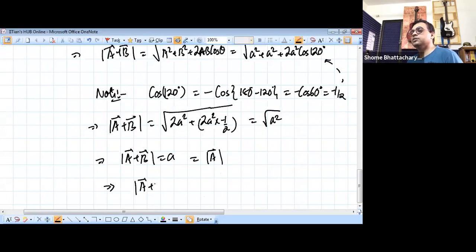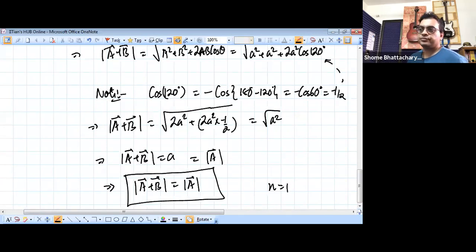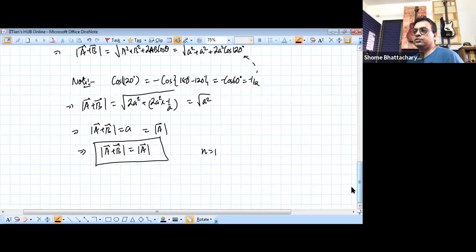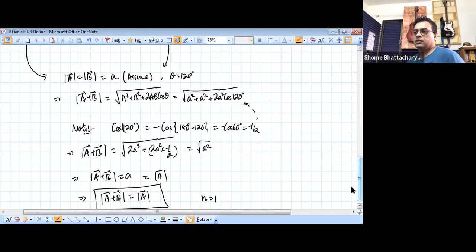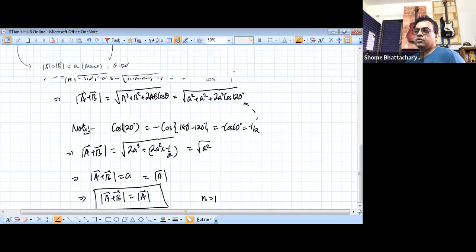Magnitude of A plus B happens to be 1 times magnitude of B. So the way I had expressed it earlier, the value of n should be 1. So this is the simple formula based method of doing this question. Okay, so Hitanshu, hope this is clear to you.